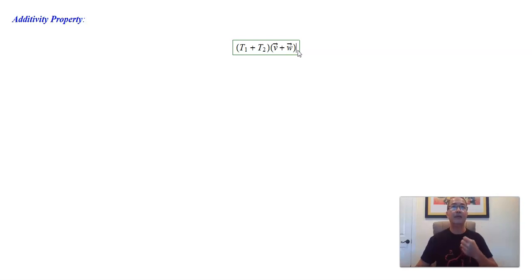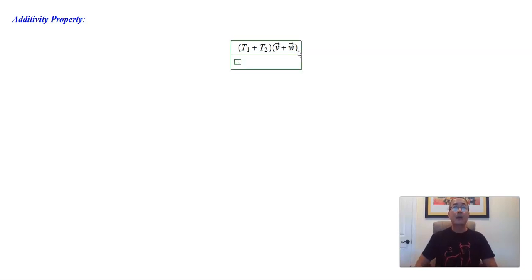So what is the meaning of T1 plus T2 evaluated at V plus W? To prove additivity, at the bottom line, we have to show that this is the same as T1 plus T2 evaluated at V plus T1 plus T2 evaluated at W, the additive property.